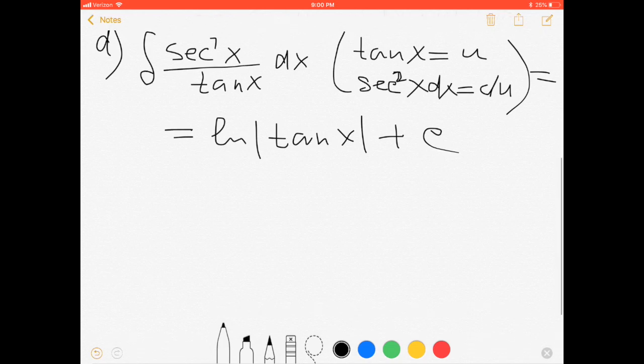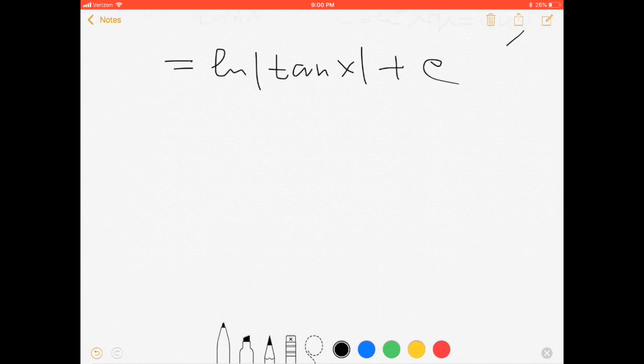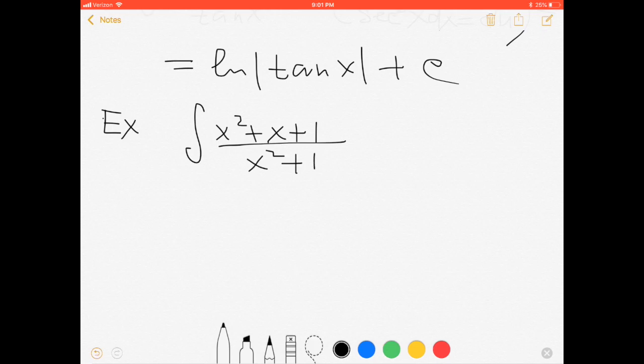Let's do something a little bit more interesting, an example that is a little bit harder. For example, I have the integral of x squared plus x plus 1 over x squared plus 1 dx.